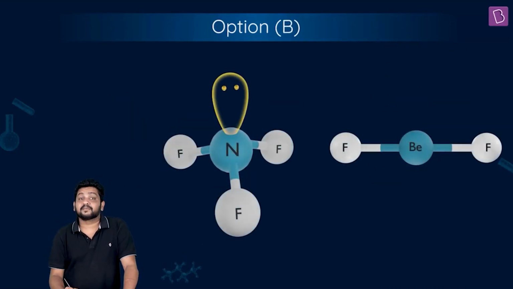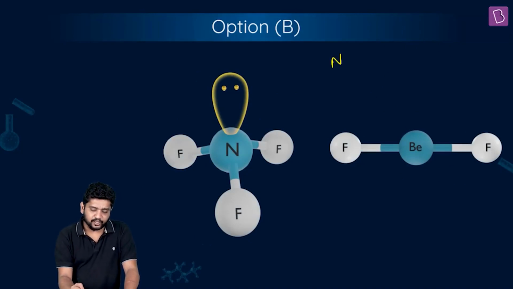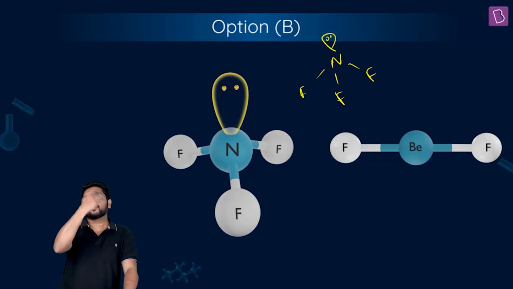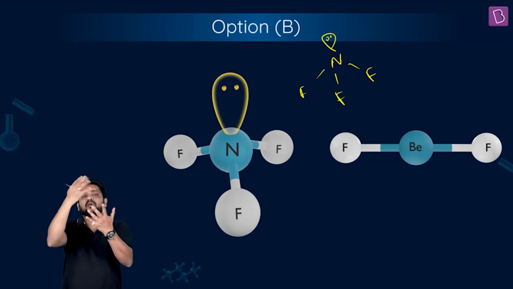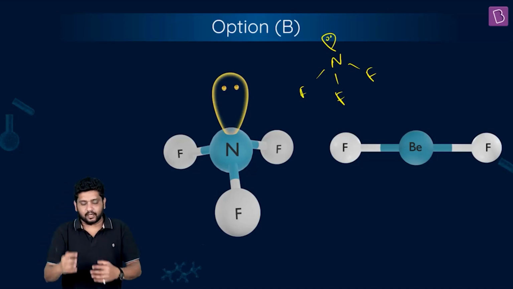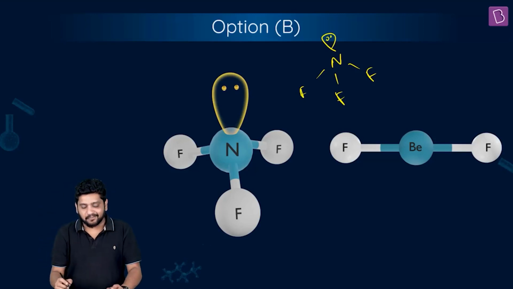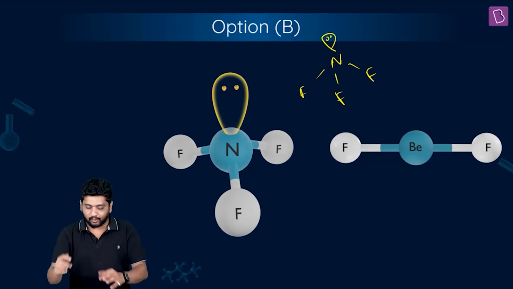Going forward, in option B, we had NF3 as the first one. Same story. Individual bonds are all polar. What has happened to the lone pair? The lone pair was supposed to be entirely around the single nucleus, but after bond formation, it feels as if it is getting thrown away a bit.